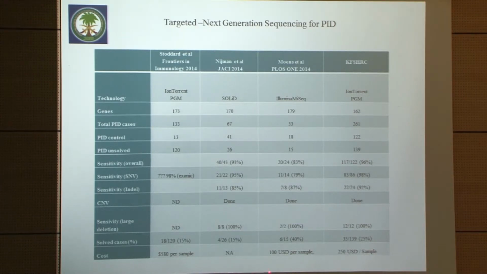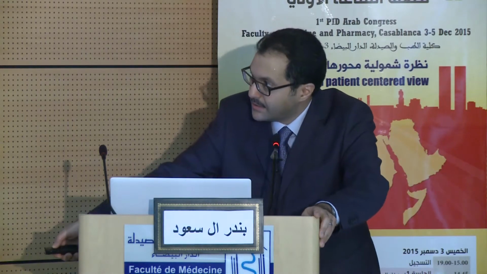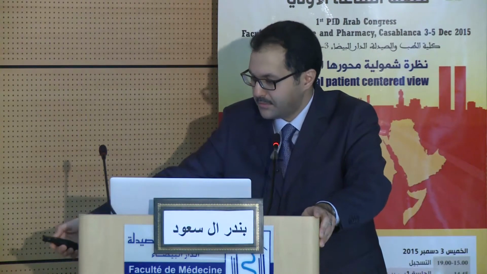The last is solved cases. We solved about 25% of the unsolved cases. Some published up to 40% at most solved. So even with the panel, you still have cases where you don't know the underlying genetic defect. And the last slide is the comparison of the cost.